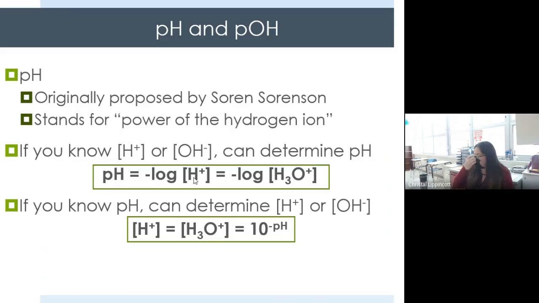And then if you know the pH, you can determine the hydrogen or hydroxide concentration by taking 10 to the negative pH.